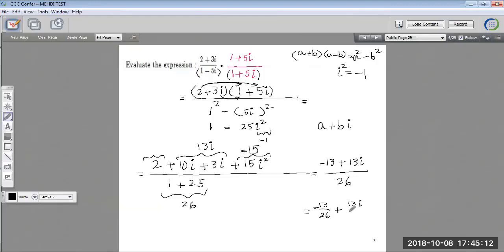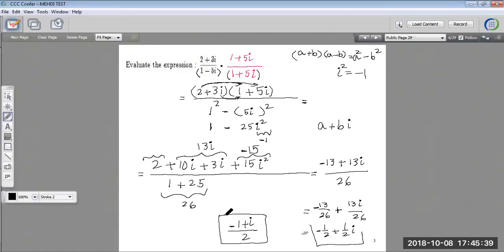We do definitely need to reduce at the end. So here I get minus 1/2 as my real part. Then here goes plus 1/2 i. Or if you want to write it as one piece, it would be minus 1 plus i over 2. Either of these would be acceptable. This is a standard form, and this is a reduced form.